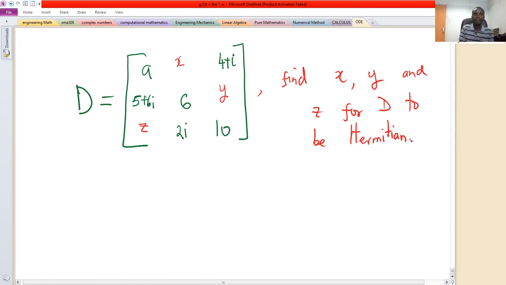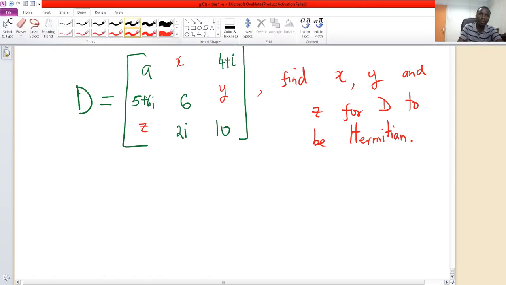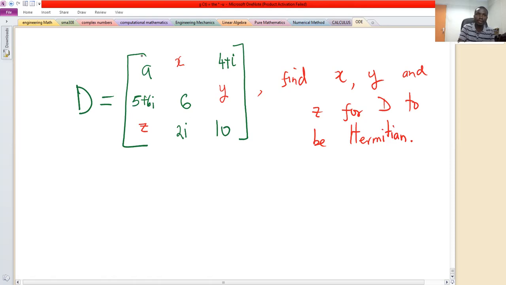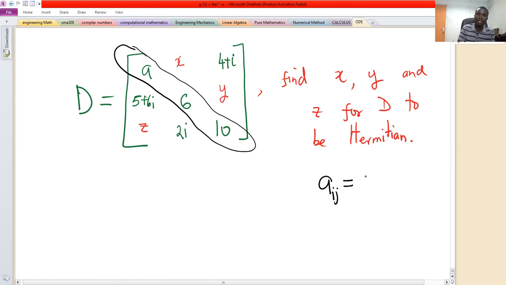Now, this is an interesting problem. It's simply testing whether you know how to define a Hermitian matrix or not. Remember, the main diagonal elements are already real numbers, so that's okay. The condition is that aij must always be the same as the conjugate of aji. So x is simply the conjugate of the element 5 plus 6i, which will be 5 minus 6i.